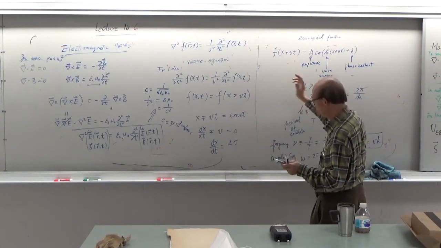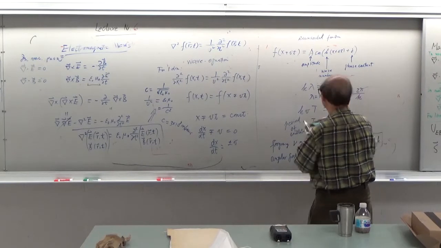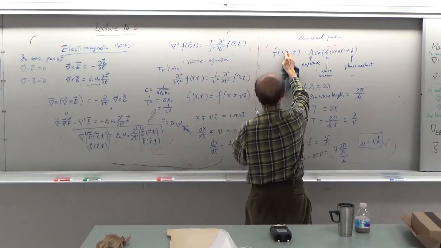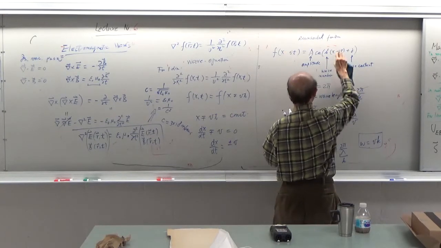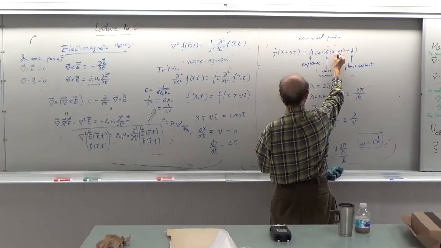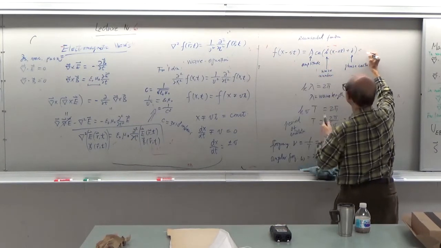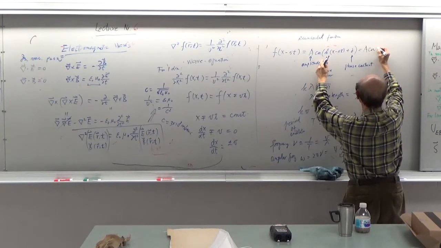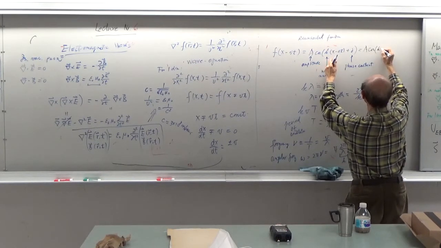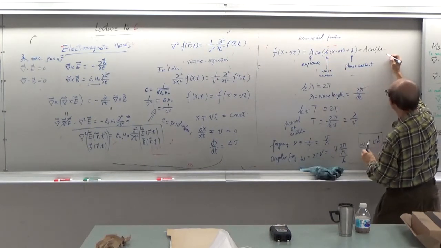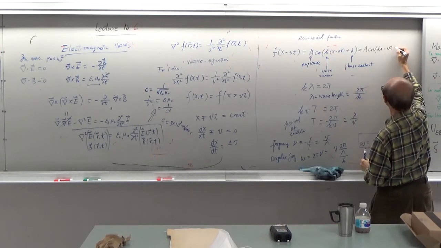We want to talk about the right-moving wave, so it's minus. Now I can write the argument as kx minus kv t, where kv is omega, so kx minus omega t plus delta.